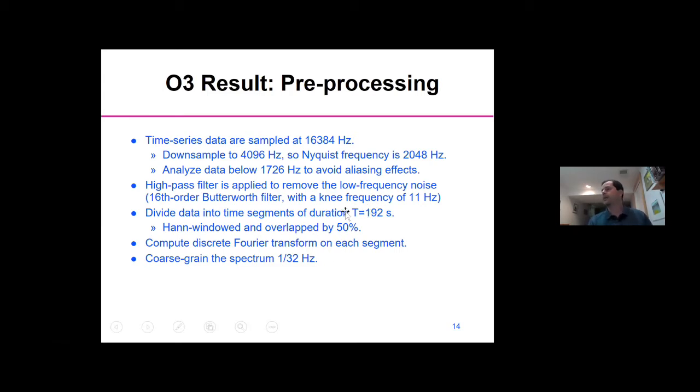Then we divide the data into shorter time segments. In O3, we used segments of duration 192 seconds, and sometimes we use exactly 60 seconds and so on. Each of these segments is then windowed. The idea being that if the data starts off relatively high or relatively low, away from zero, when you do a Fourier transform of that segment, you may get ringing.